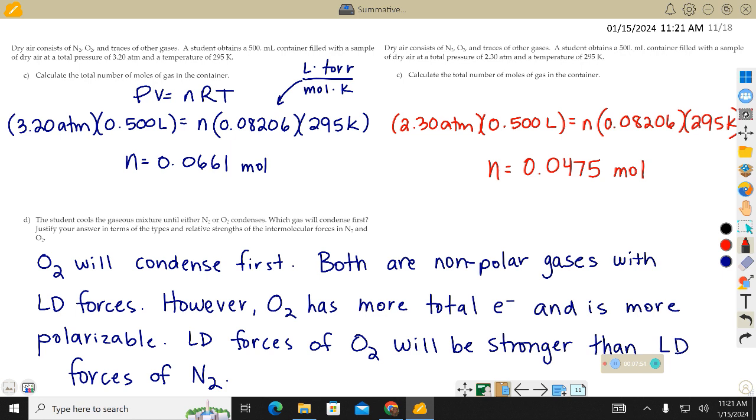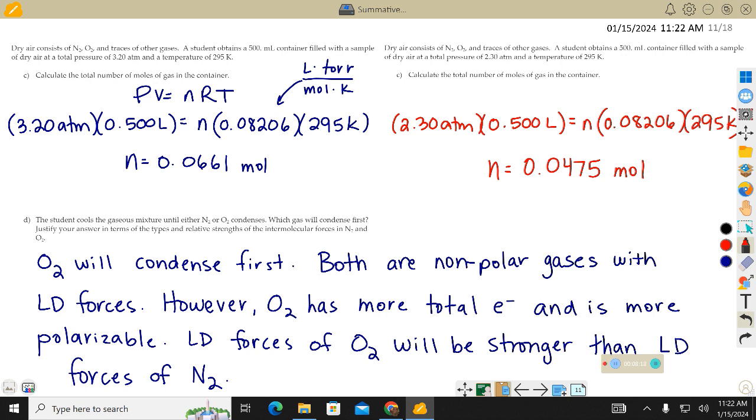We want to calculate moles of gas in the container. No problem. We've got the pressure, we've got the volume, but it needs to be in liters. We'll solve for moles. We'll use the gas constant in atmospheres, and the temperature was given in Kelvin. So no problem. We can solve that for moles.